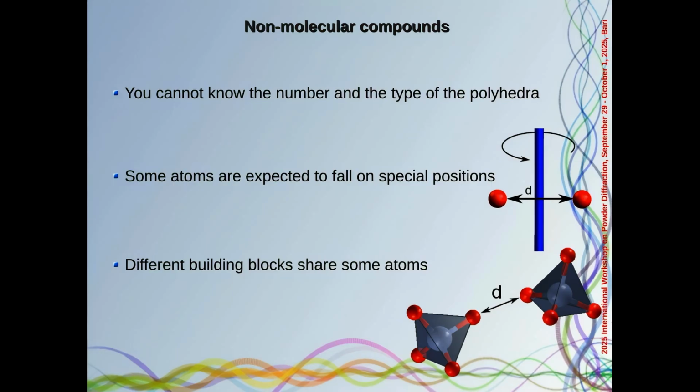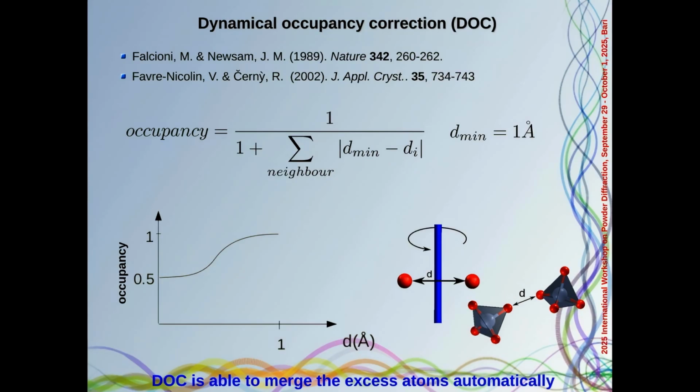To solve this problem, there is a simple algorithm that is used in EXPO, but also in other software, I think in TOPAS and others. Sometimes this method is called dynamical occupancy correction. You have to modify the occupancy factor.